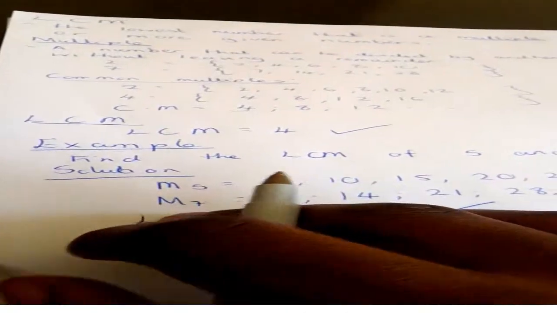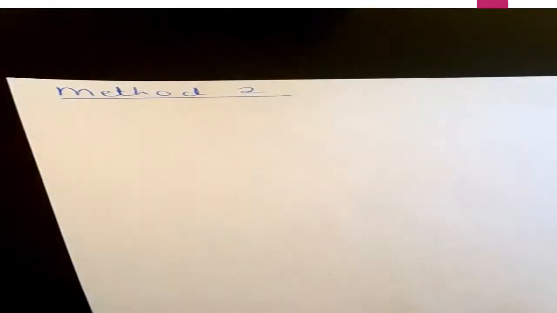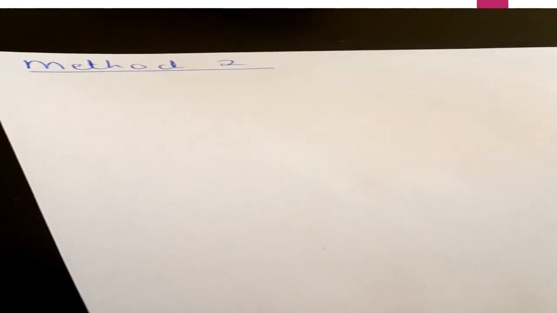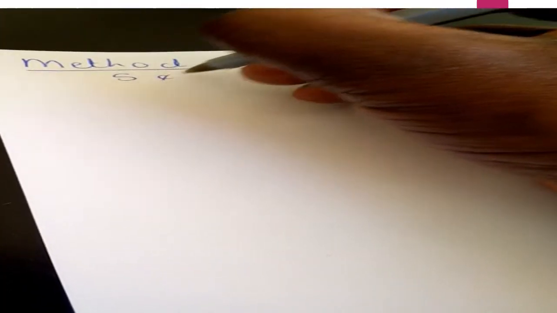So there is another method that we can use to find the LCM. Method 2. According to method 2, when we are working that example, we write the prime factors of the numbers. So we had 5 and 7.